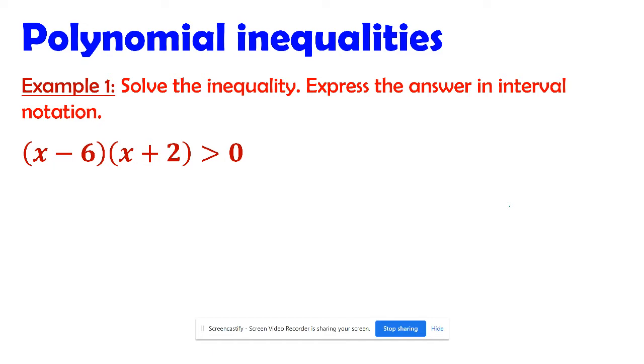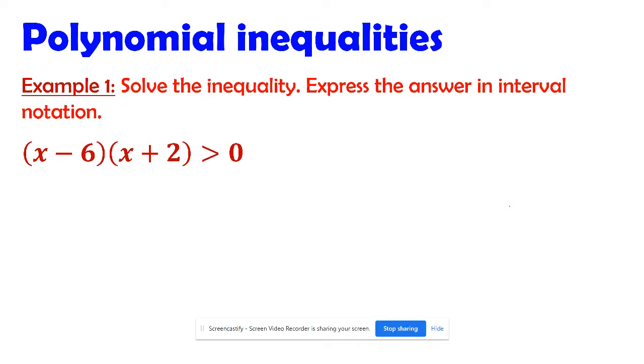For all these examples and for this assignment, we're going to focus on polynomials that are less than, greater than, less than or equal to, greater than or equal to 0. Usually when you're dealing with polynomials, you get everything on one side of the equation so the other side is just 0, and that's what you do to be able to identify the roots and other properties of the polynomial.